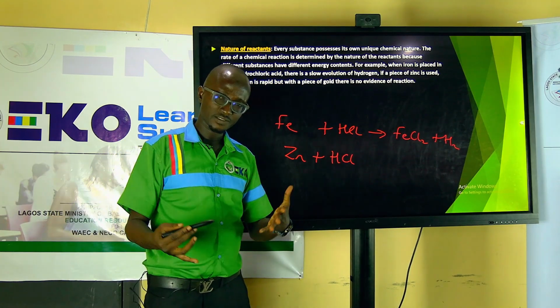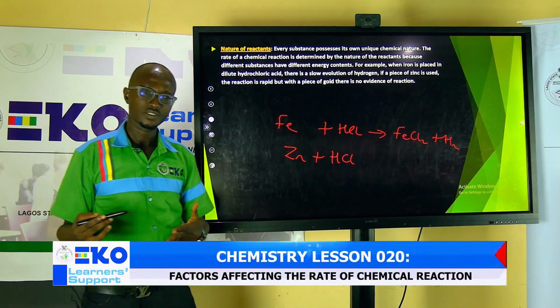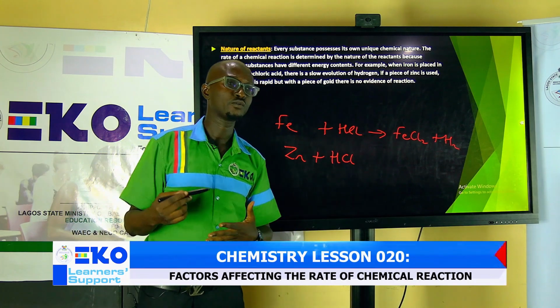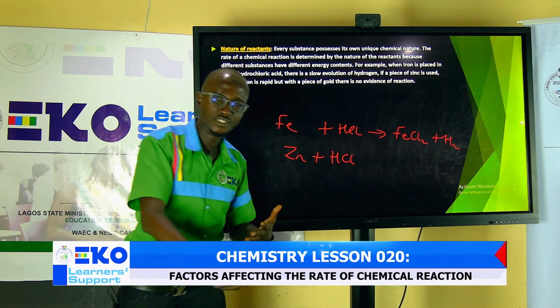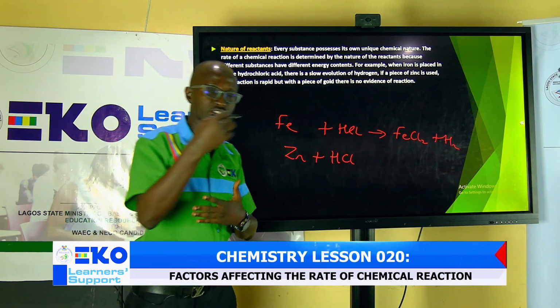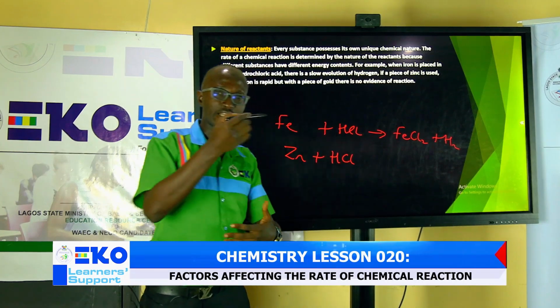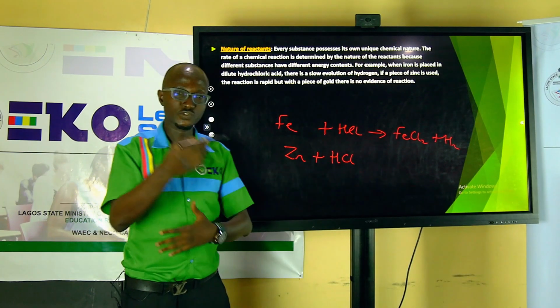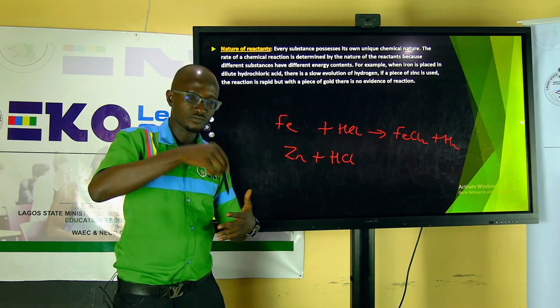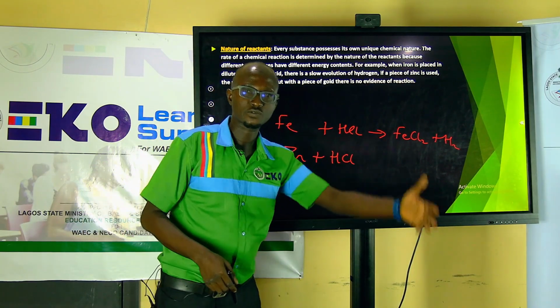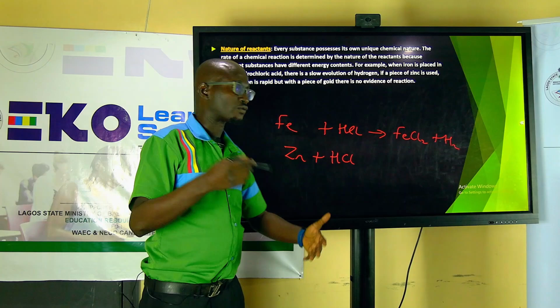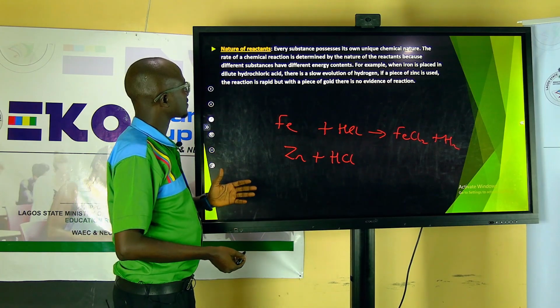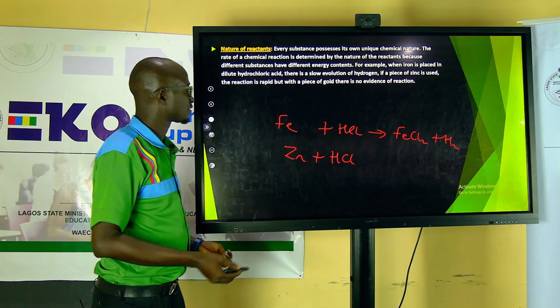What is that telling you? That means in your class also, there's a reaction that is occurring. The teacher is teaching. Is there assimilation? How fast is the assimilation by the students? One student is different from another student. So nature of reactants is telling us all this.